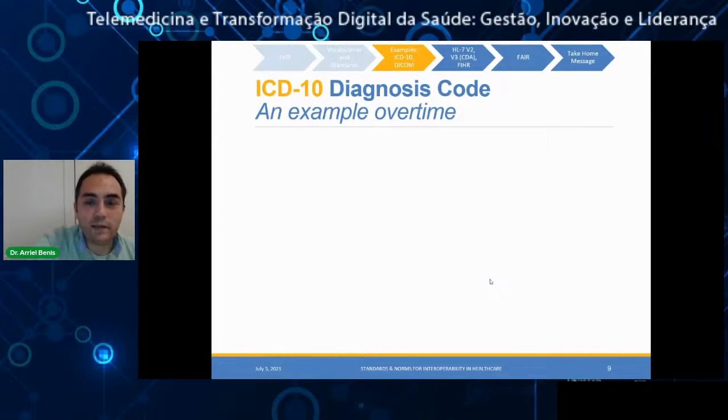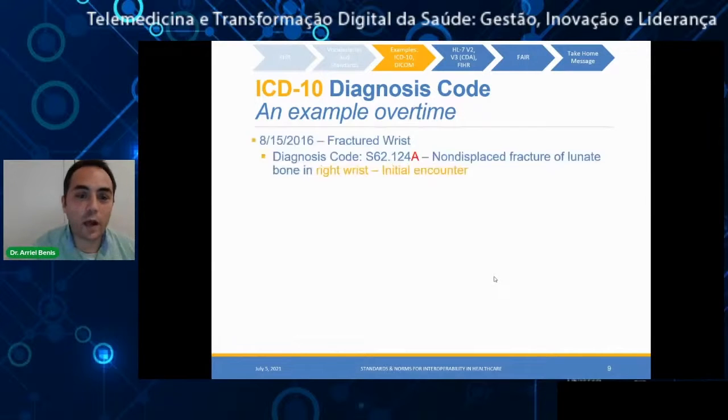If you remember, ICD-9 was, from my perspective, a good classification, but not very precise. Nowadays, relating it to interoperability, ICD-10 gives us a way to have higher precision in encoding medical situations.